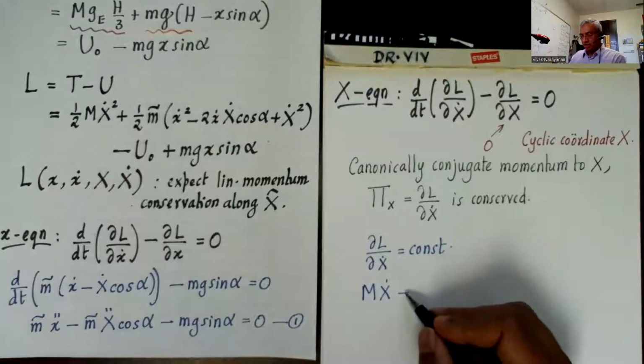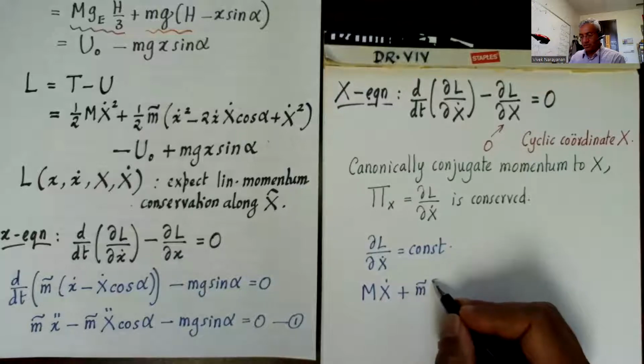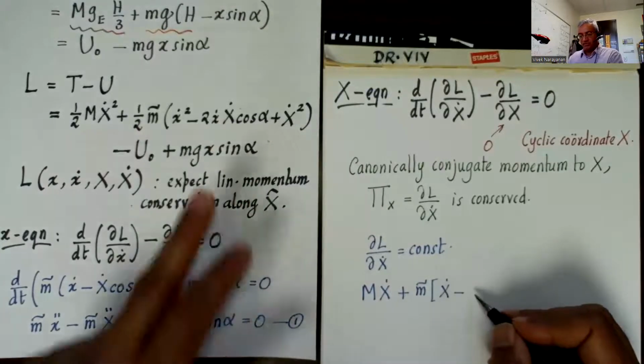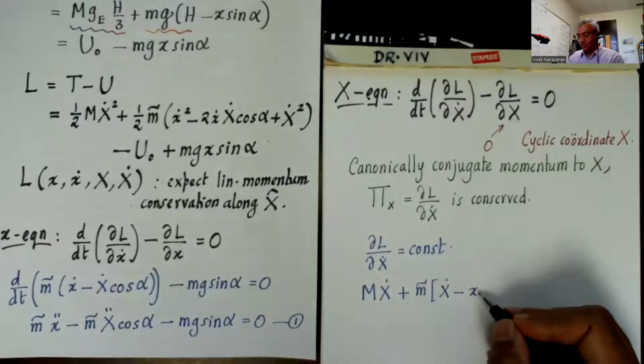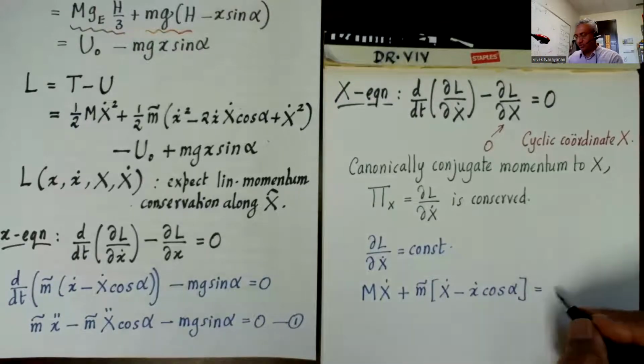So I get plus M tilde. I'll write this term first. Capital X dot minus, and then this term. X dot cosine alpha must be equal to a constant.